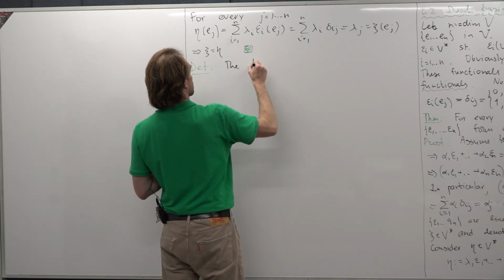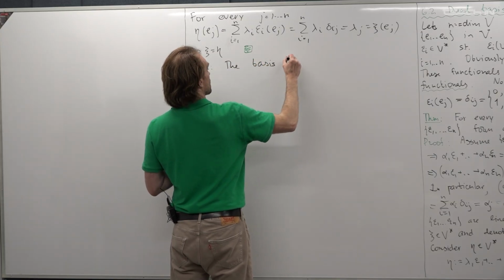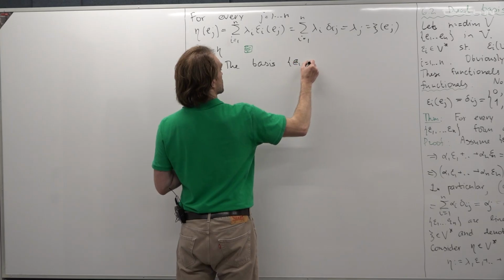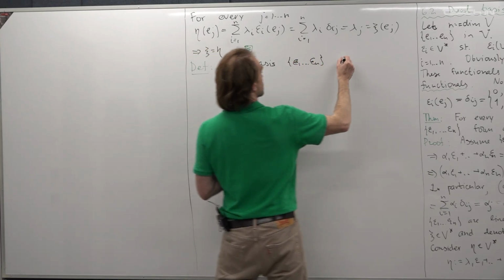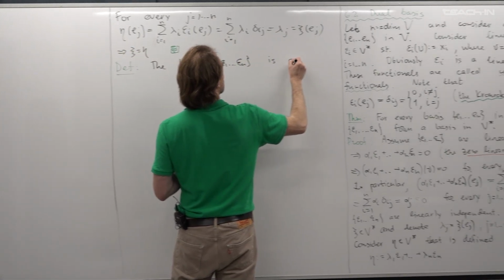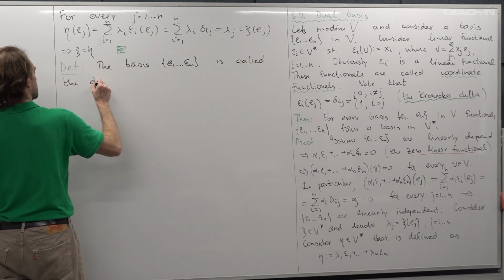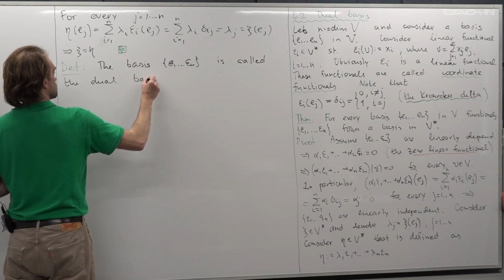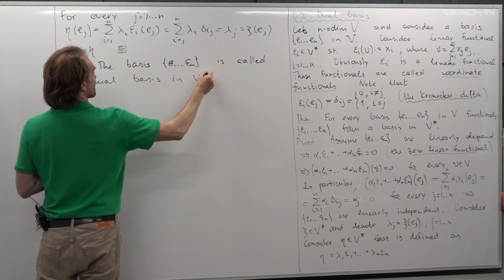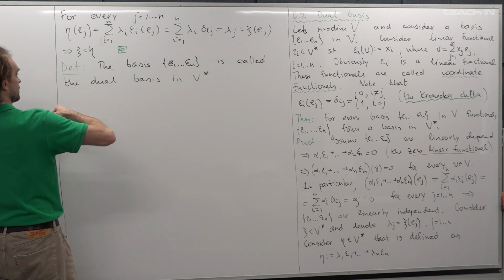The basis epsilon 1, etc., epsilon n is called the dual basis in the dual space.